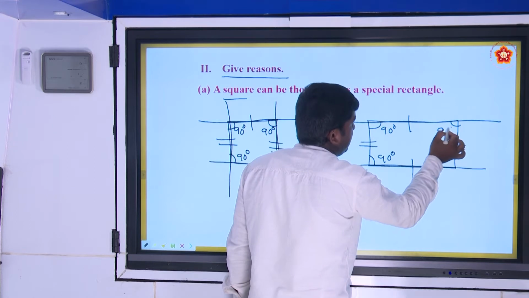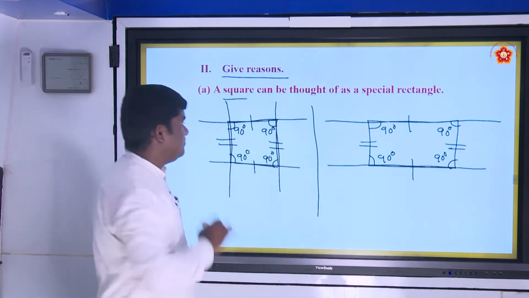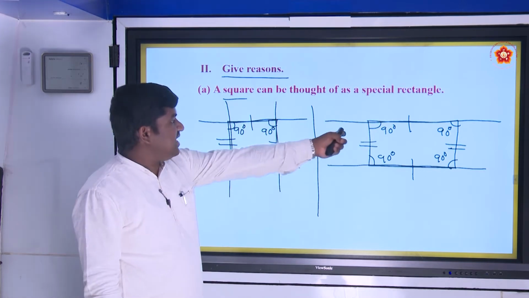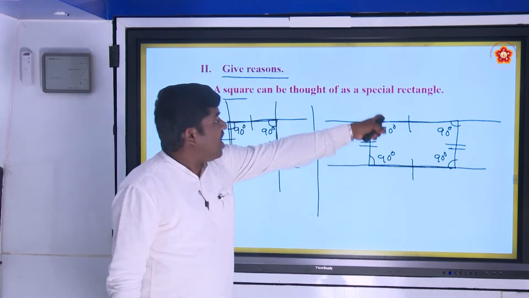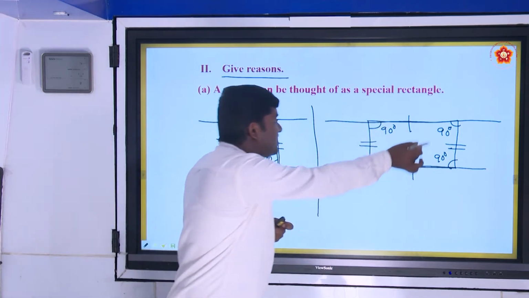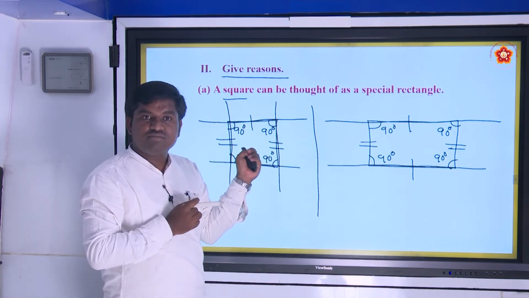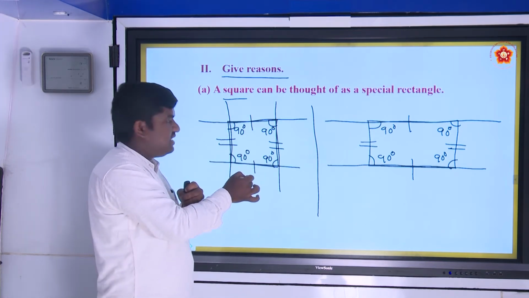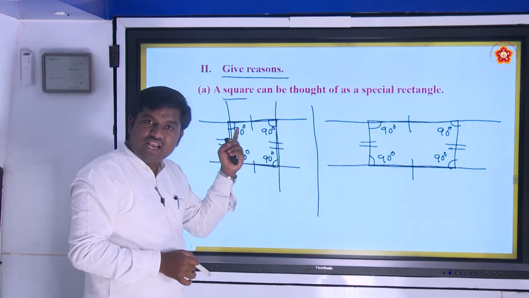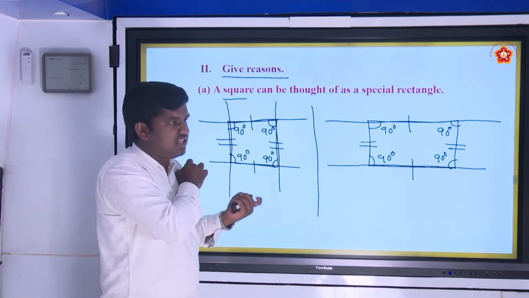So then come to the square. The rectangle has opposite sides equal and also parallel. Next, all the angles equal 90 degrees. Observe in the square: opposite sides are equal, and also parallel. Next, all angles measure 90 degrees.